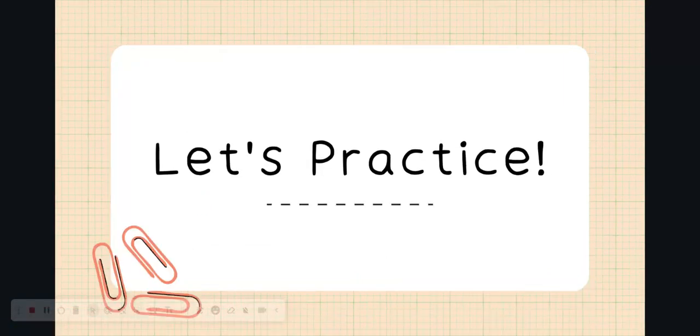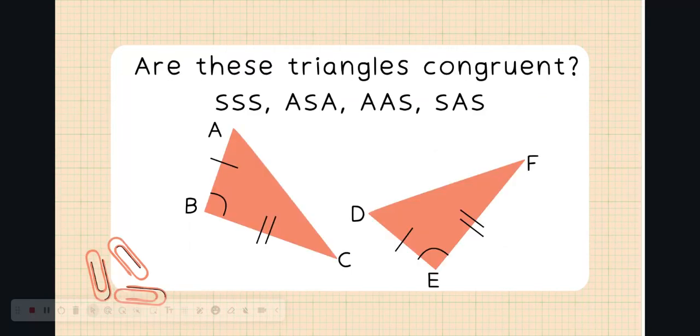So let's use these postulates in practice problems. Okay, our first problem is asking, are these two triangles congruent? And if they are, by which triangle congruence postulate? I do not include hypotenuse leg in these triangle congruency problems since it only applies to right triangles.